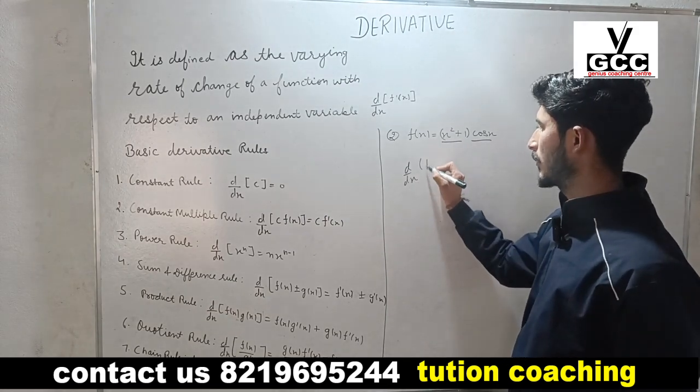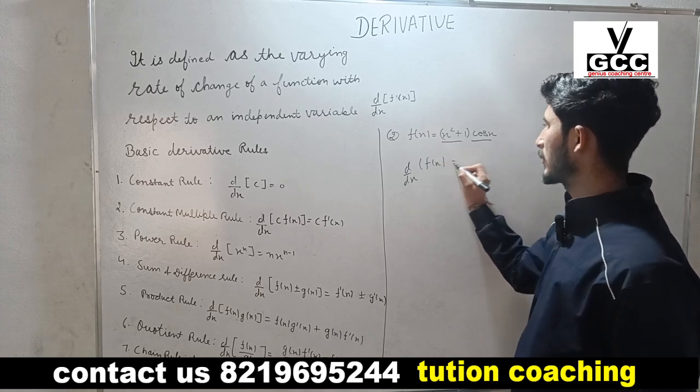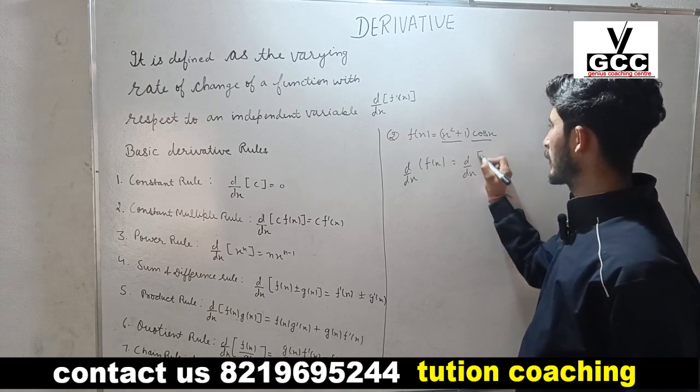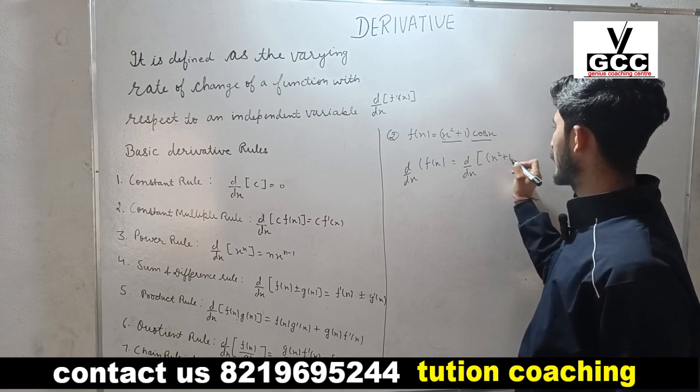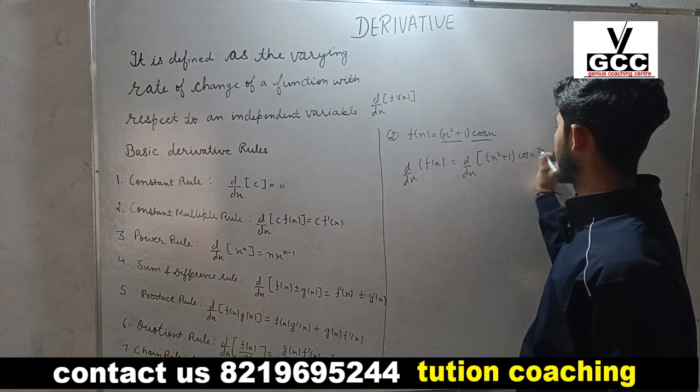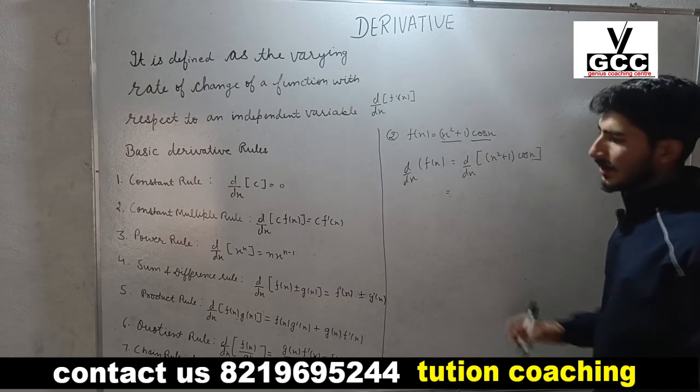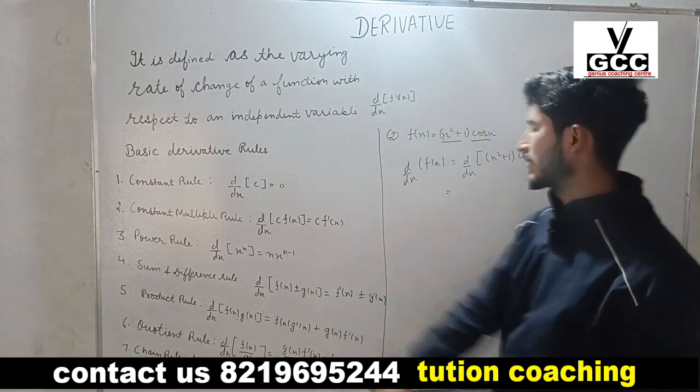So we have to find the derivative of f(x), which is the derivative of (x squared plus 1) into cos x.